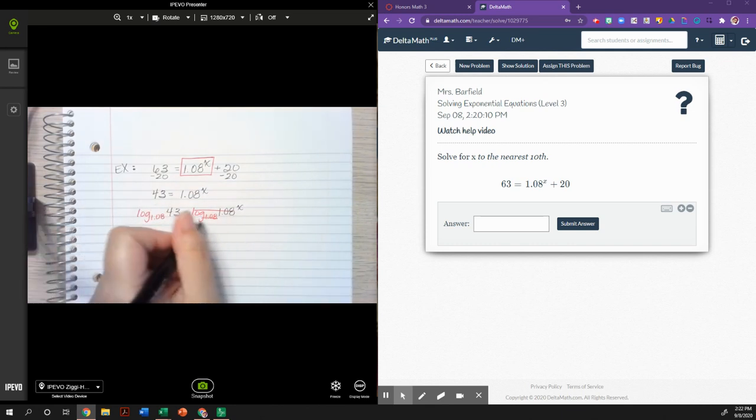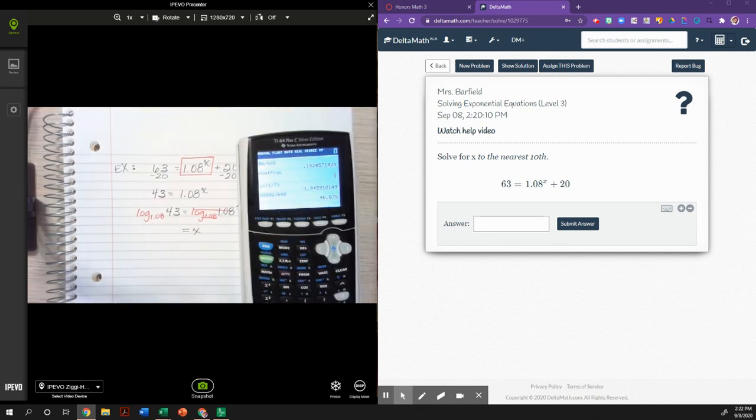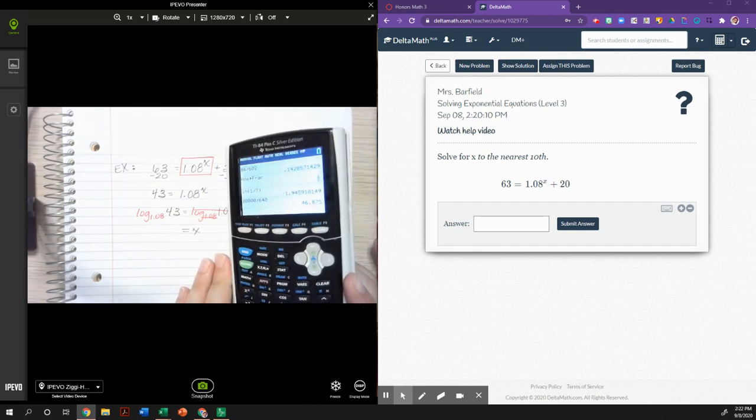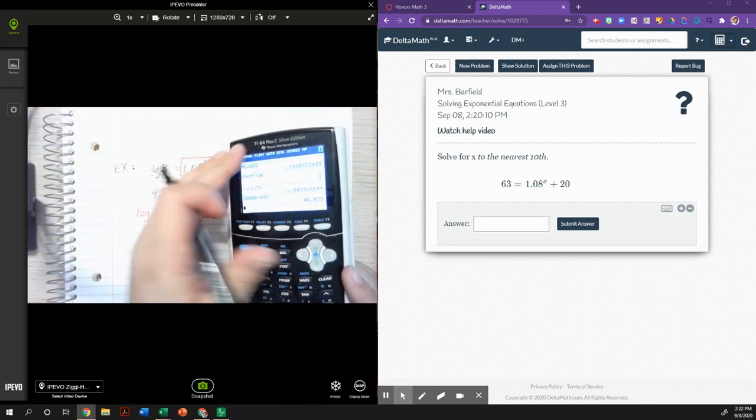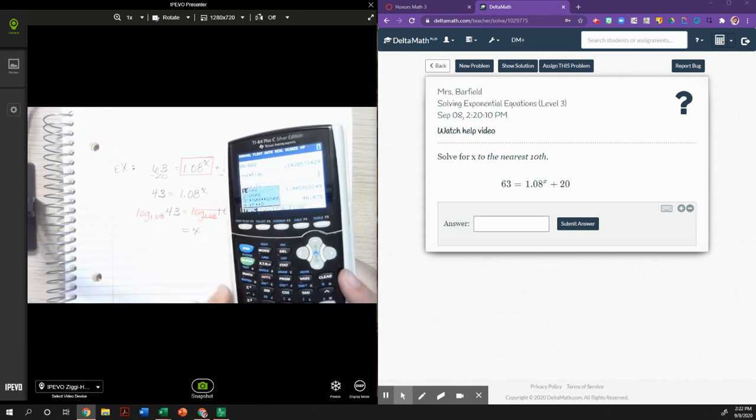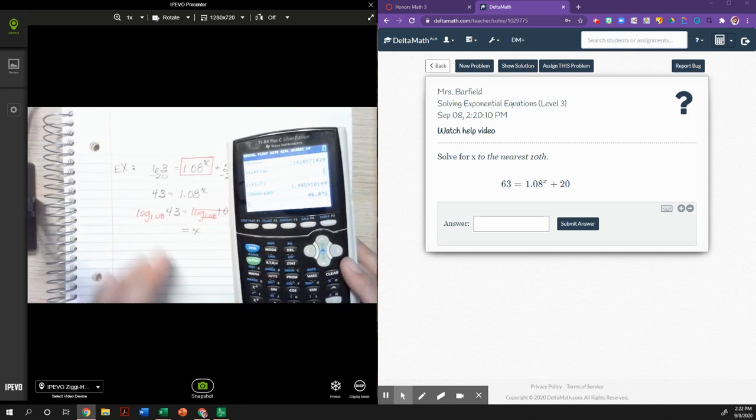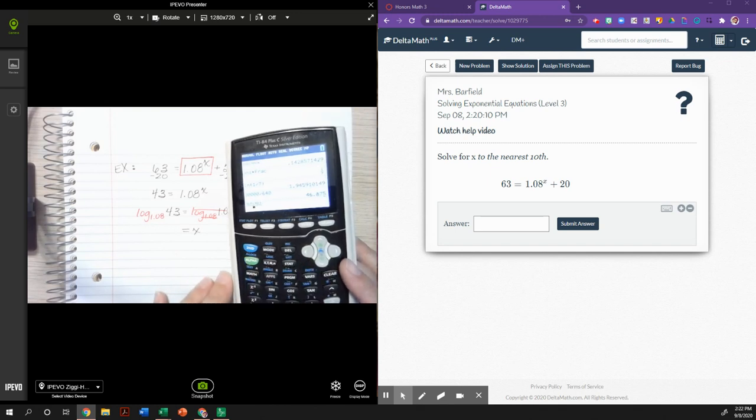So that cancels, and I'm left with x equals, and then I need to type in this log statement. If you're using a graphing calculator and you've got an updated one like I do, if you press alpha y equals, you bring up your fraction. Then I'm going to type log of 43, and on the bottom, log of 1.08.